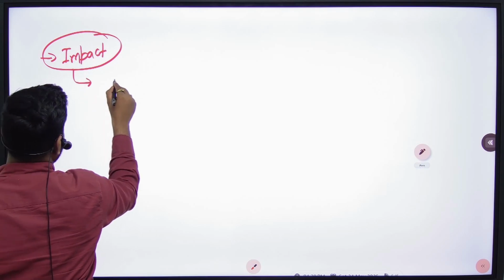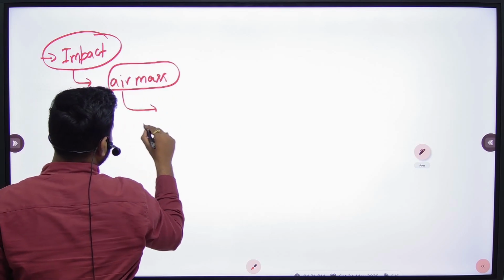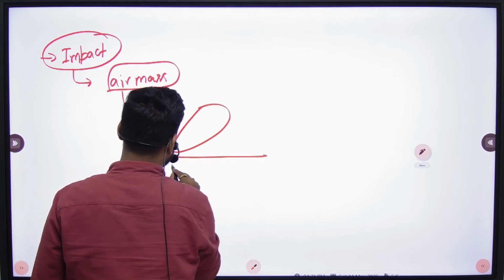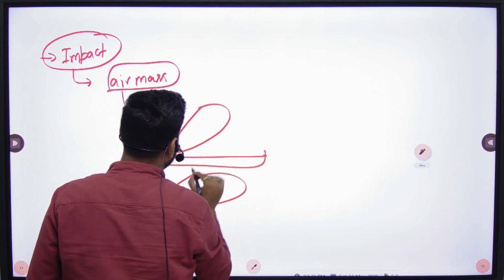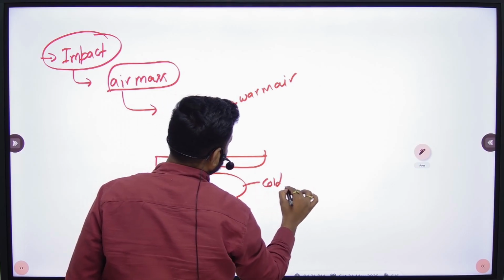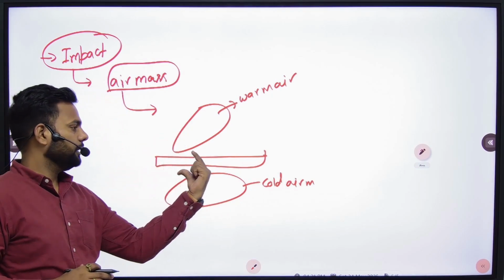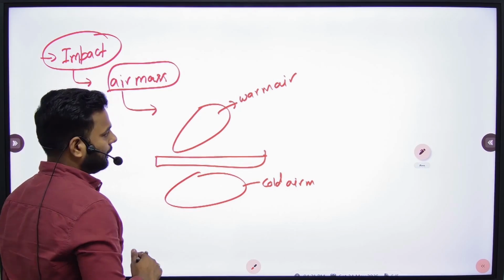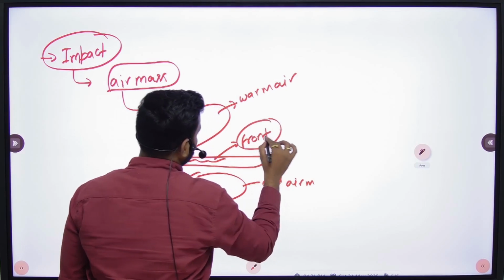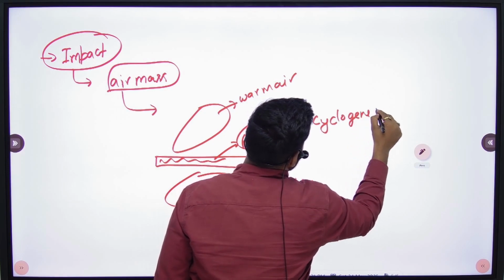We all know that when two opposite characters of air masses meet on the boundary between two air masses, suppose this is the warm air mass and this is the cold air mass, the boundary of two thermal contrast regions, it forms a front, and the front leads to the condition of cyclogenesis.